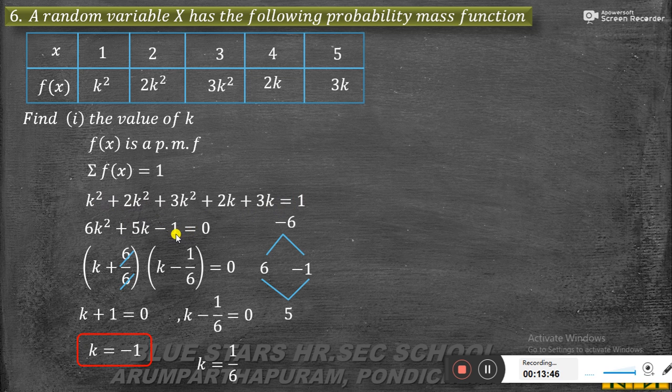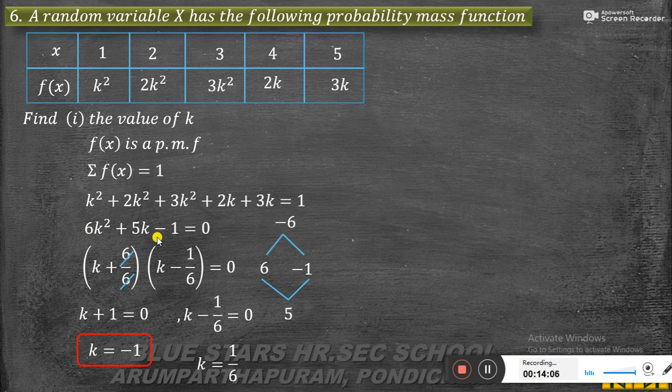So the next step, you see here, this is a quadratic equation, second degree equation. The coefficient of k square is 6. So I take that 6 and multiply with the constant.